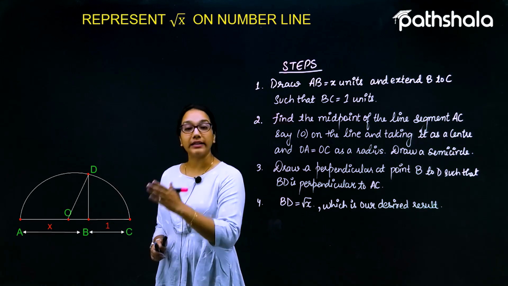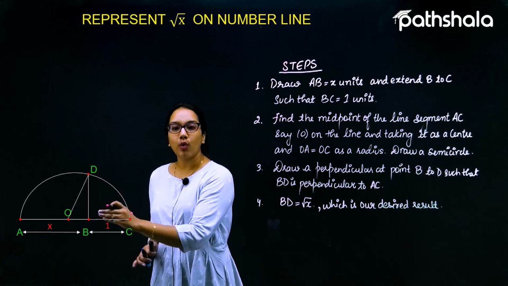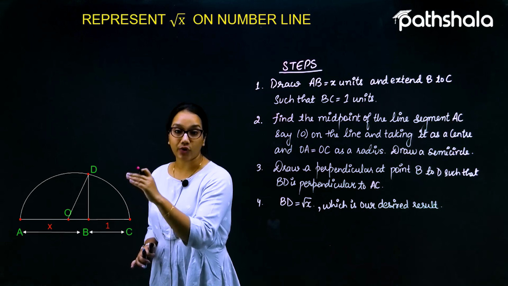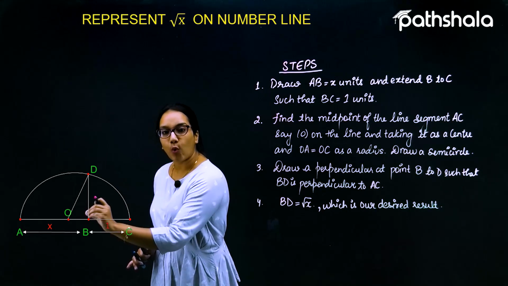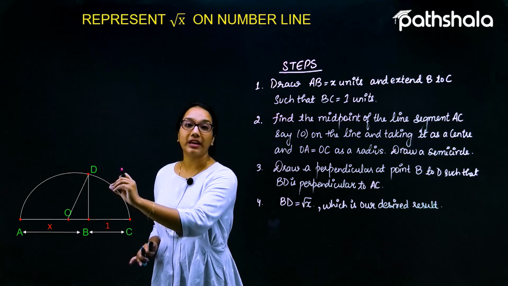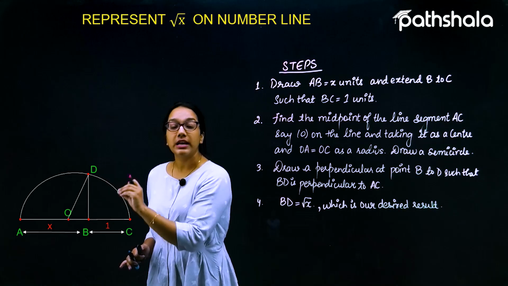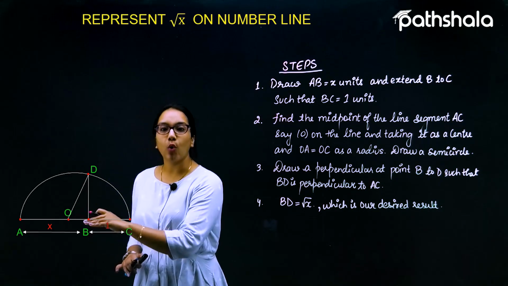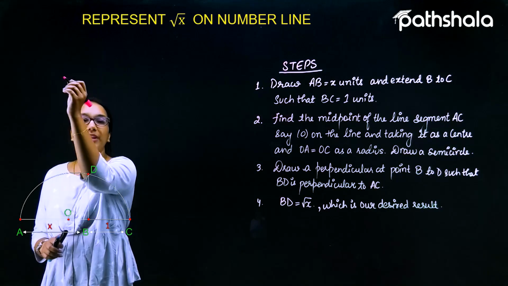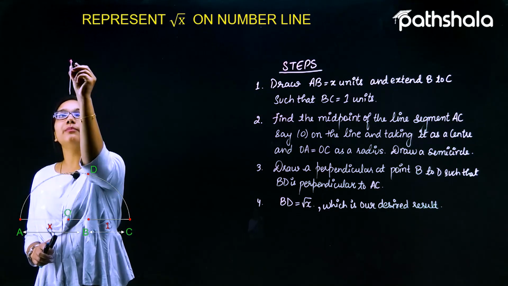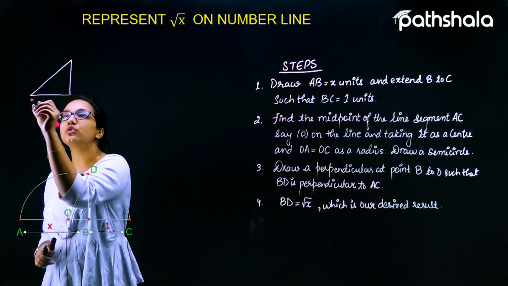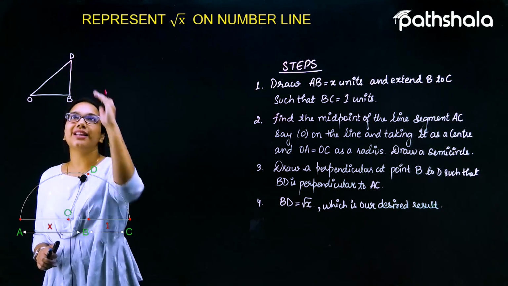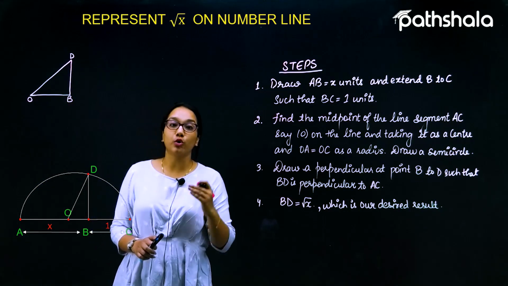As we know, OBD is a right angled triangle, right angled at the point B. So I am taking the right angled triangle OBD, where this is O, this is B, and this is D. I have to prove that BD is root x units.